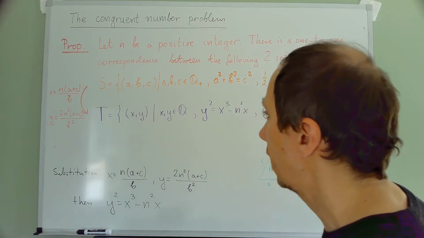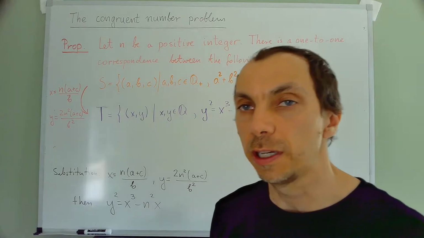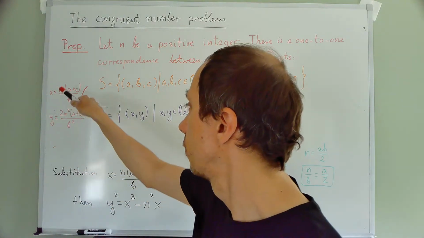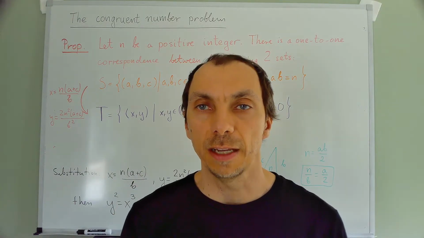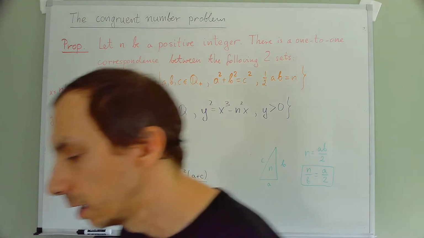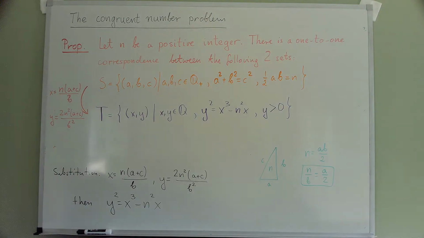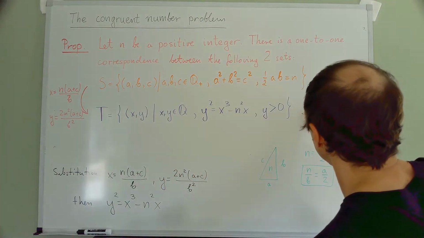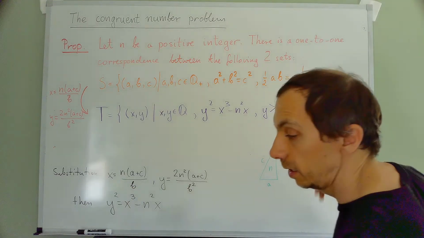So there is a way back. If it's a one-to-one correspondence, then if I give you ABC, you should be able to compute x and y, so that's what we did here. But also if I give you x and y, you should be able to compute ABC. So there is a way back, and we're not going to derive this, but let me just tell you what the formula is.